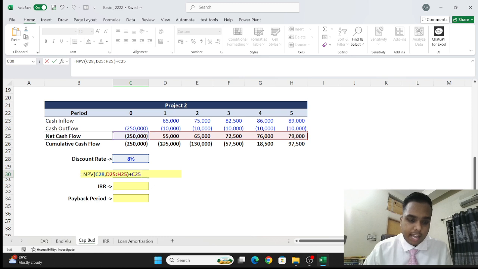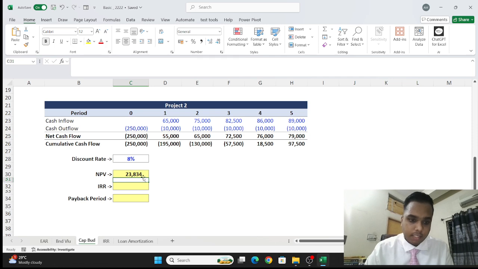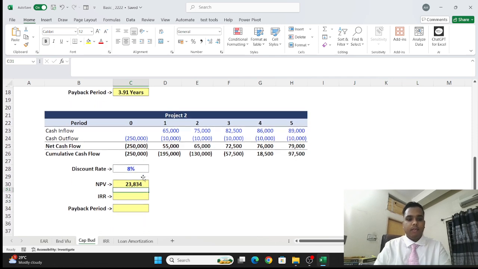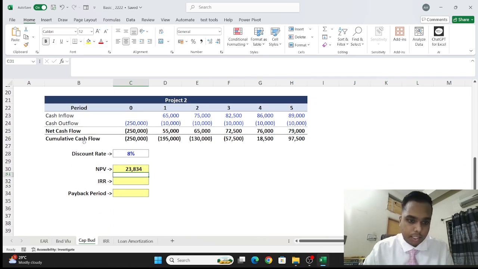After the cash flow, we have the cumulative cash flow. So after writing this formula, we will click enter. So this is the net present value of this project 2.